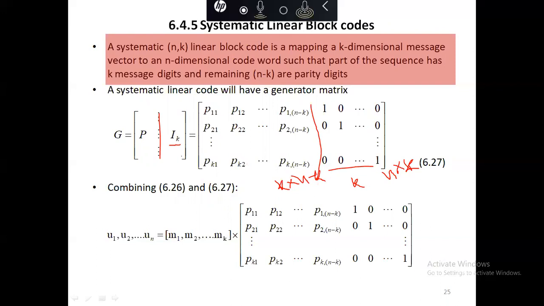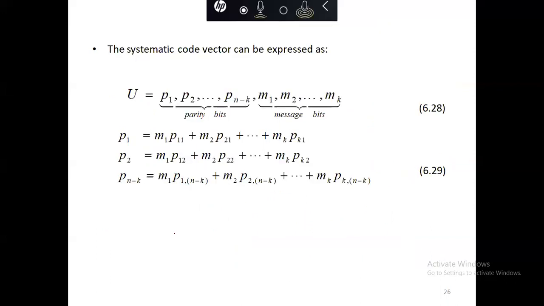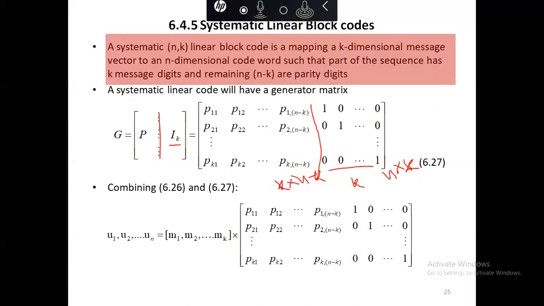So look at an example. I want to generate n code word bits, and we have k message bits. The first parity bit is generated by multiplying this row with this column, and you will get the first bit of the code word.